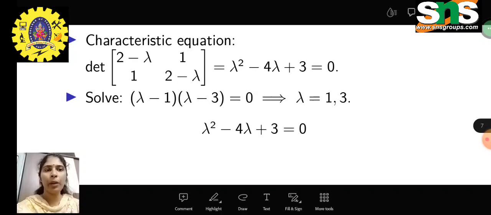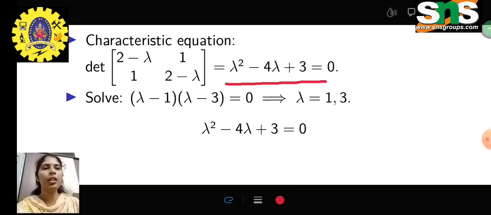On expanding 2 minus lambda the whole square, we will have lambda square minus 4 lambda plus 3 equal to 0. So on factorizing the equation, lambda square minus 4 lambda plus 3 equal to 0, we get it as lambda minus 1, lambda minus 3.